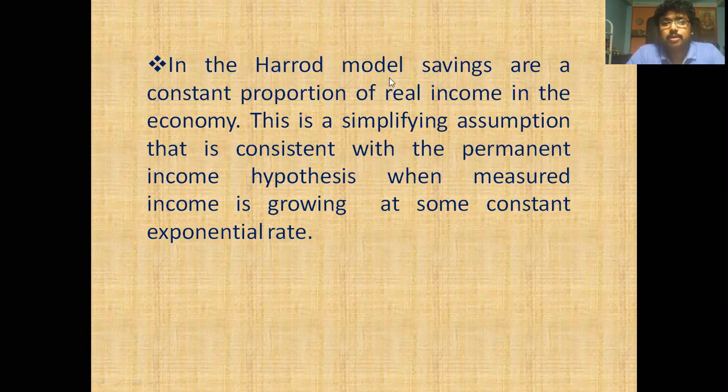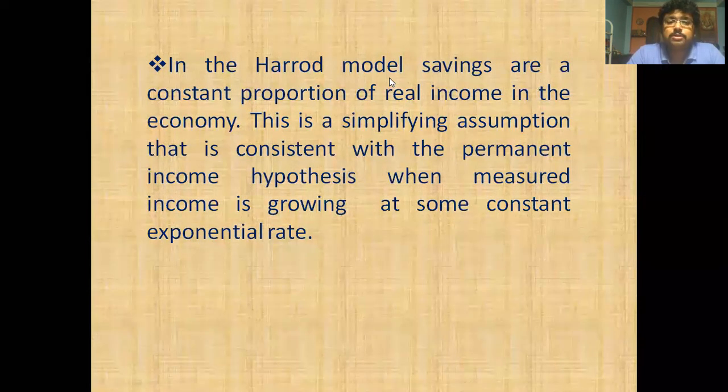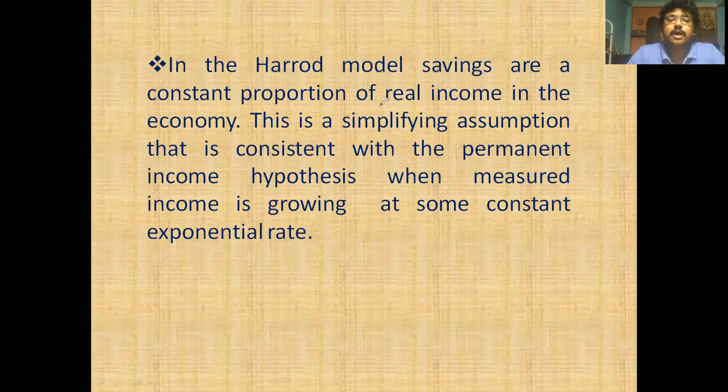In the Harrod model, savings is a constant proportion of real income, and it is also found in the Solow model. In the Harrod model, savings is equal to small s times Y. This is the output.